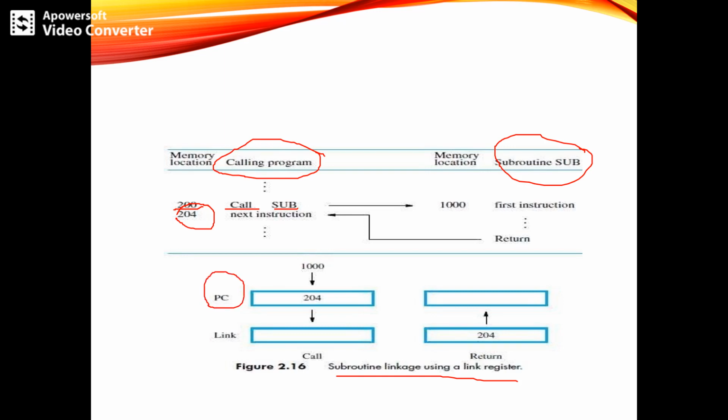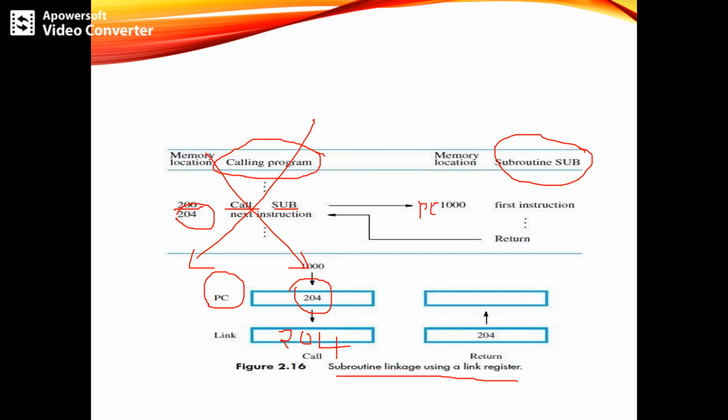So during the call instruction, the content of PC, that is 204, is copied into the link register. After the call instruction, execution of the main program is suspended and control is transferred to the very first instruction of the subroutine.